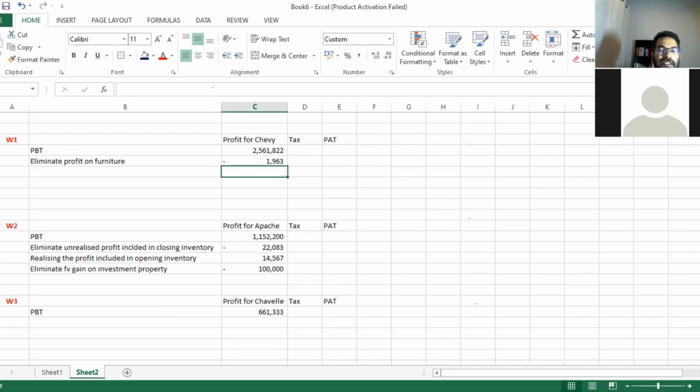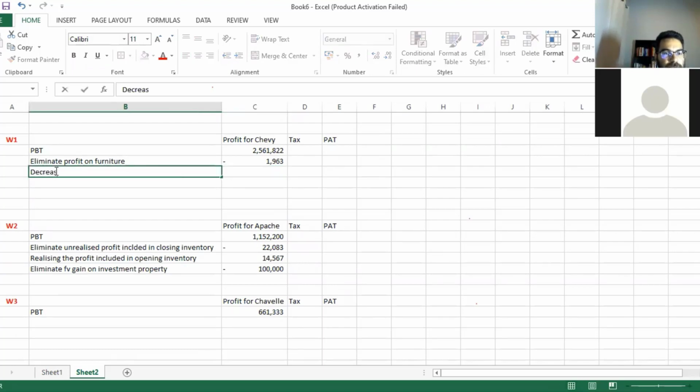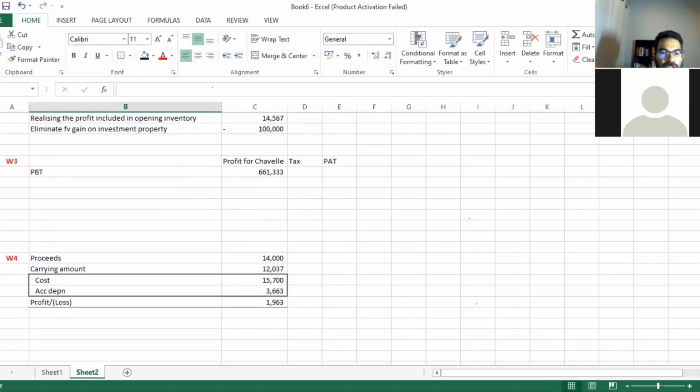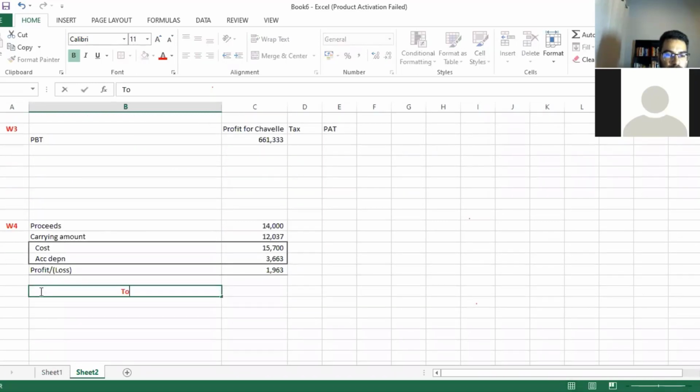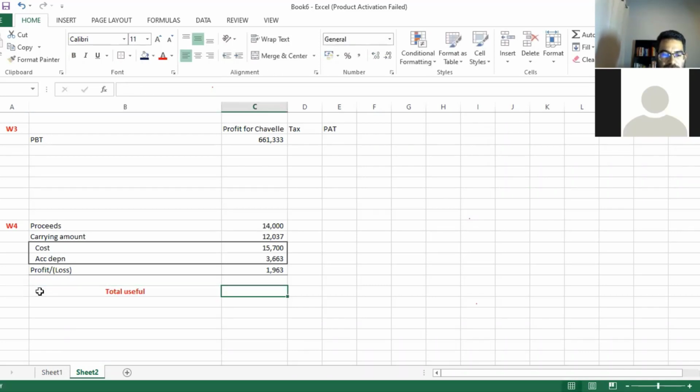Now we need to adjust the depreciation. The depreciation is more by that profit figure, so we're going to have to decrease depreciation. What you should know: the total useful life is 60 months, 5 years times 12 months gives you 60 months. From the date we bought it up until the date we sold it, we used 14 months.